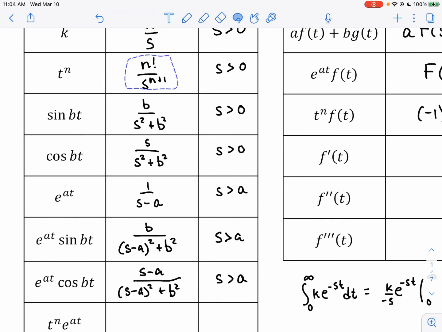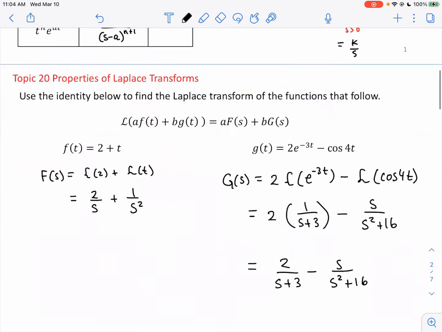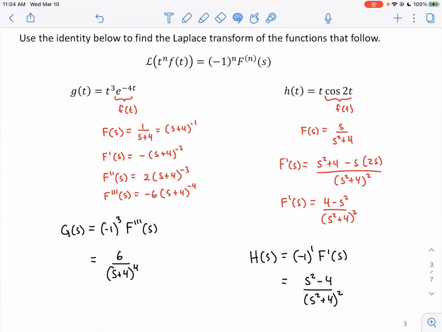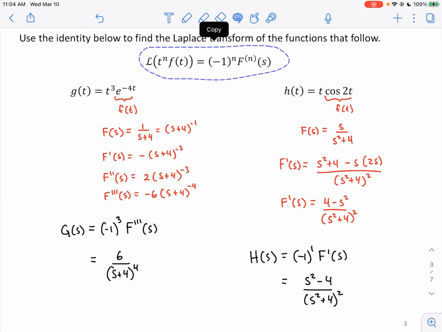So I'm going to copy that formula, but change the s to s minus a. So it's going to be n factorial divided by s minus a to the n plus 1. And notice that's the same thing that we got right here, but using a different approach.